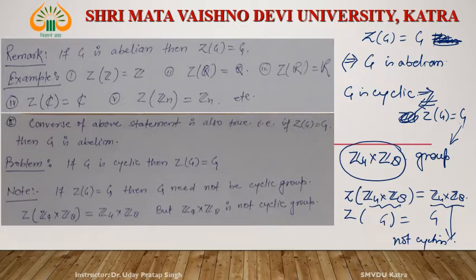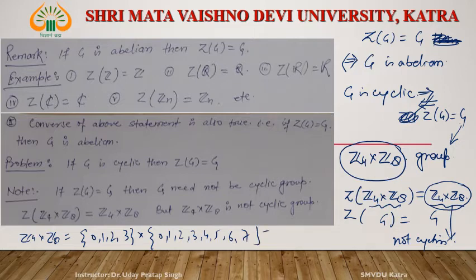Since no element in Z4 cross Z8 generates it. What is Z4 cross Z8? Z4 cross Z8 is equal to {0, 1, 2, 3} cross Z8, and Z8 is 0, 1, 2, 3, 4, 5, 6, 7. Then this is a total of 32 elements.